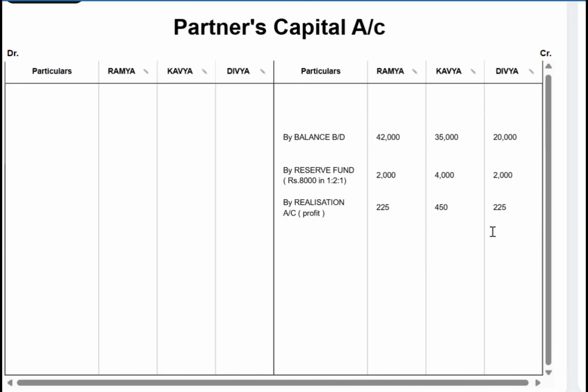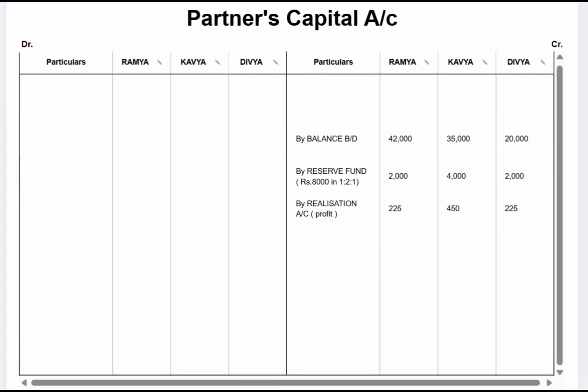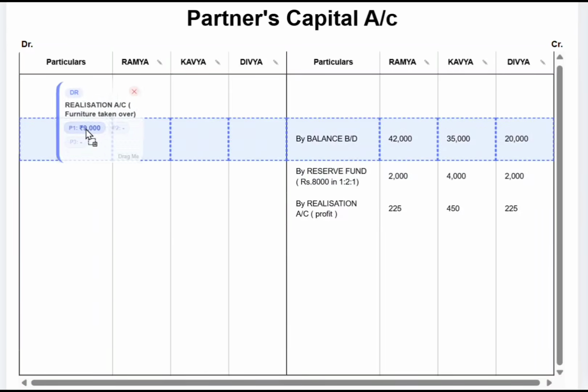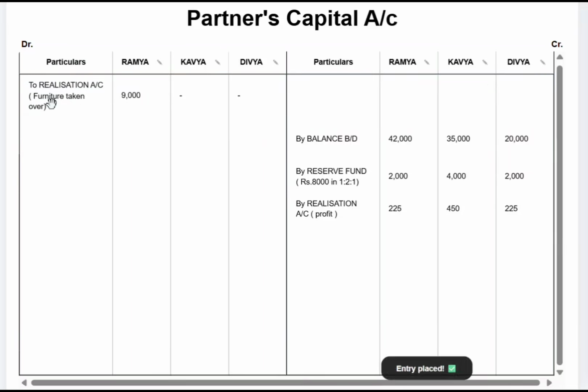Now next, in the partners' capital, we have to show the asset and the liability that are taken over by the partners. So what we had transferred in the realization account should also be transferred to the partners' capital account. Partner Ramya has taken over the asset furniture, so we have to transfer it to the partner's capital account on the debit side as to realization account: furniture taken over by Ramya, rupees 9,000 under Ramya's column.